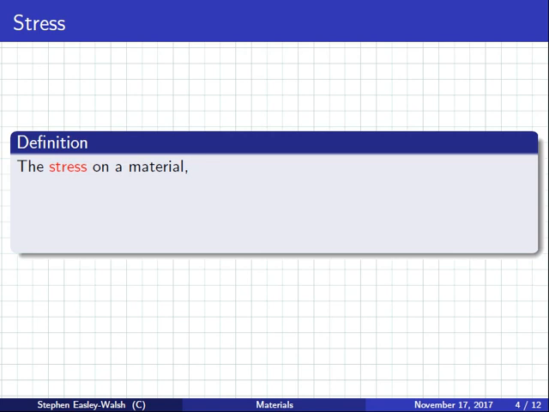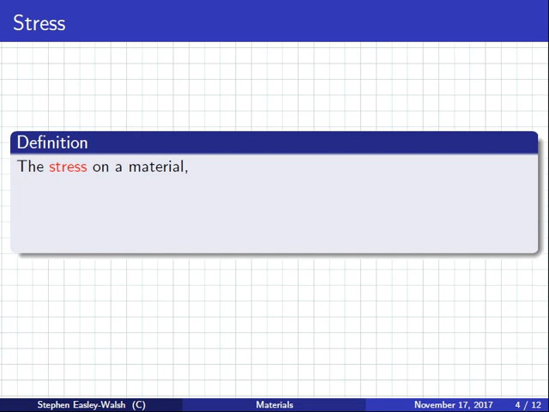I wonder if anybody has studied or have heard this word in physics before, stress. Maybe you have, maybe you haven't, because it's more of an engineering word than a physics word. Does anyone know stress on a material? New word? Yeah? Kinda, not too far away from it, yeah.